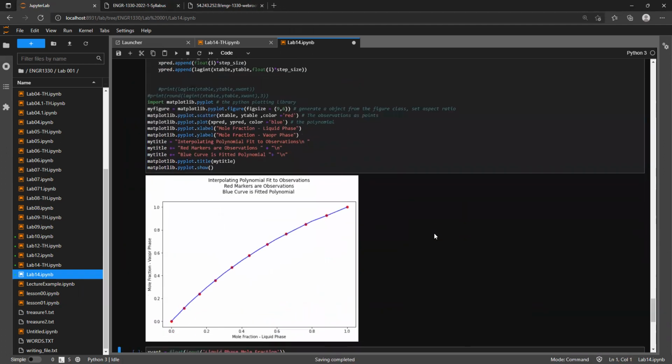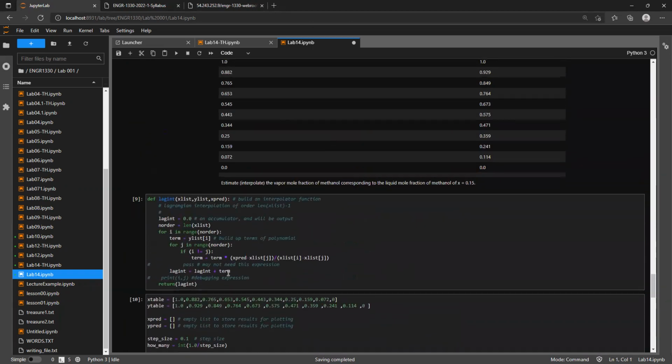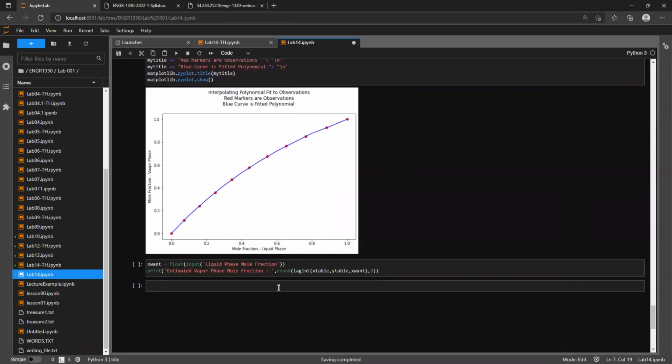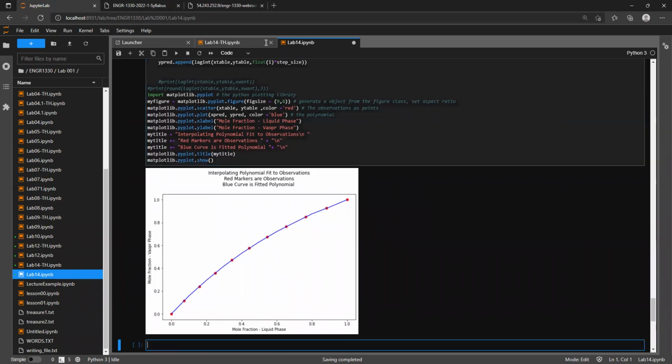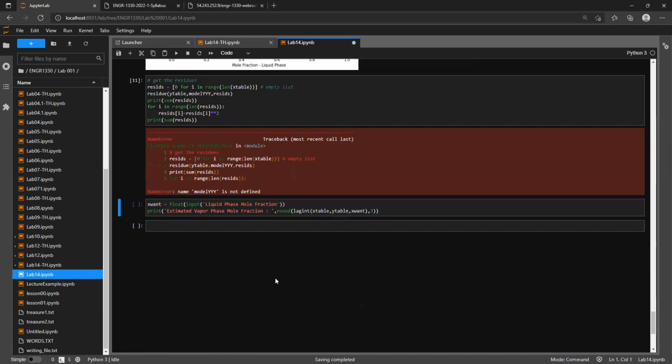Okay. Hey, that's pretty nice. What are our residuals, out of curiosity? My Zoom tab thing is in the way. This should, okay, not defined.